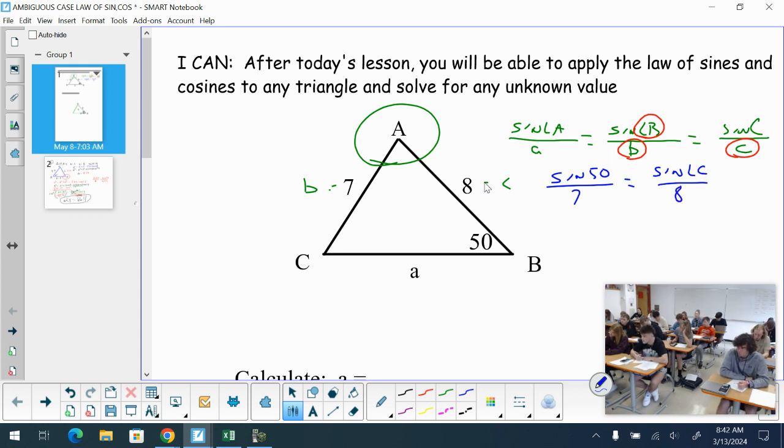We can cross multiply and divide and solve for the sine of angle C, not angle C, but the sine of angle C, which hopefully we have equal to some value. We can solve for that value of angle C then. Go ahead, check your answer with somebody around you.